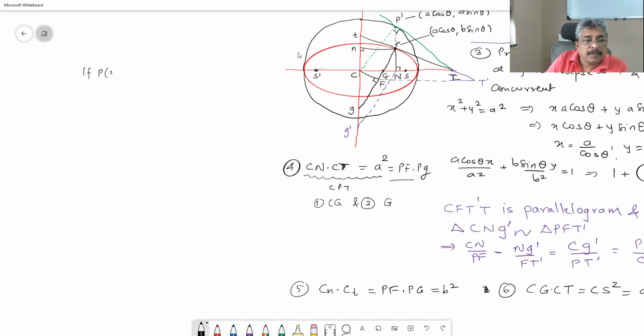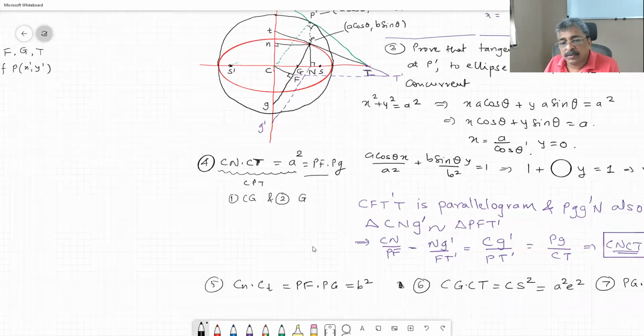If P is x dash, y dash, then first of all, let us list which points we require. The center is 0, 0. Small n we need, small c we need, then small t is required, capital F is required, capital G is required, CT is required, capital T is required.